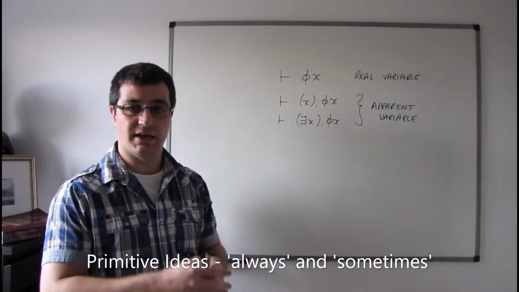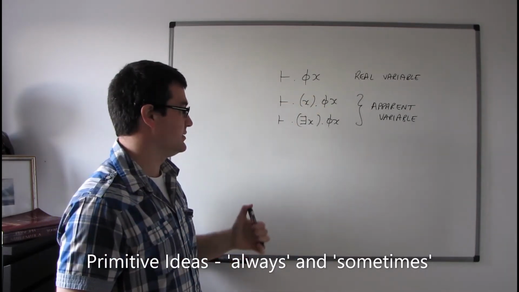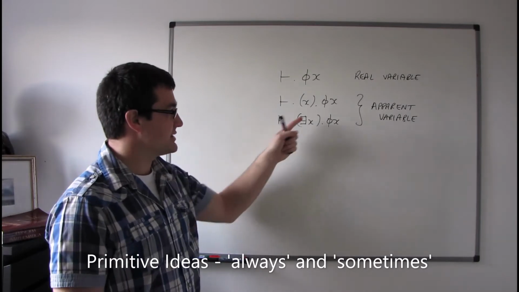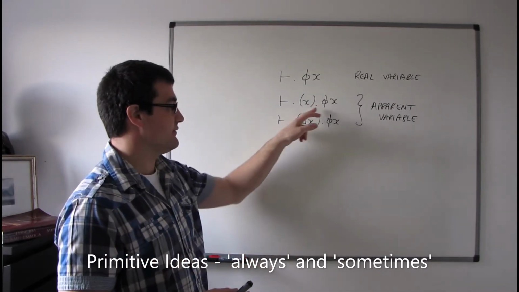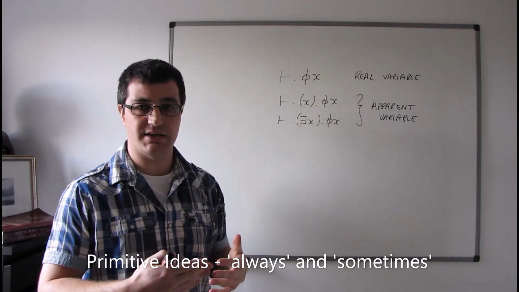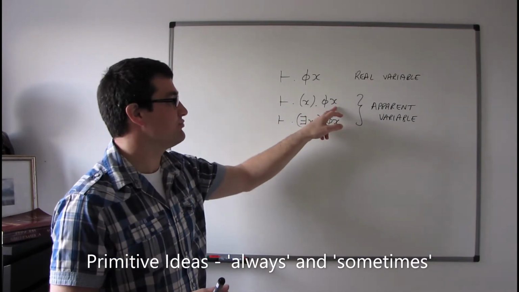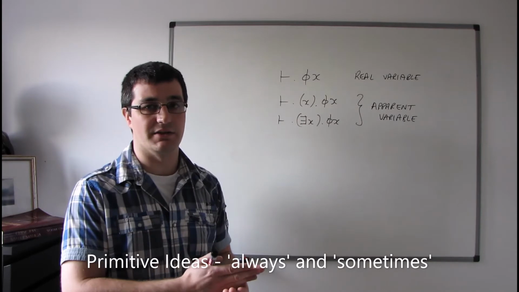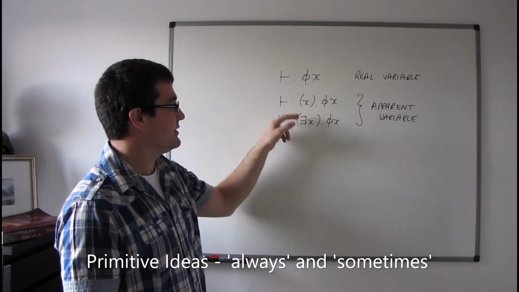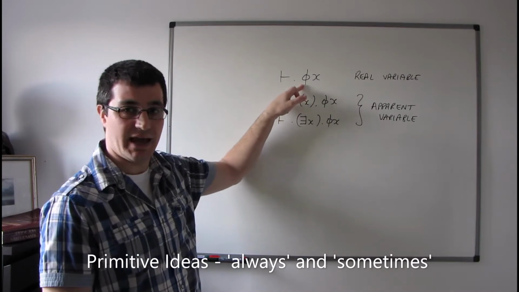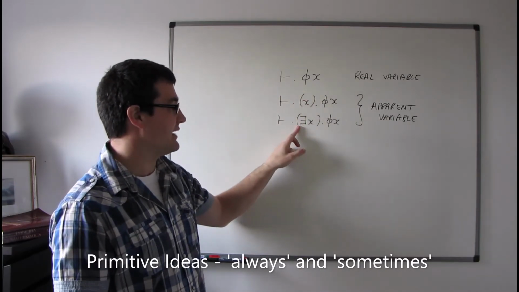But here, x genuinely varies. However, in these two, x doesn't vary in the same way. In fact, there is no real meaning to... I couldn't replace x here with a particular value. It wouldn't make any sense in this case. So, whereas this is a function of x, neither of these are functions of x.